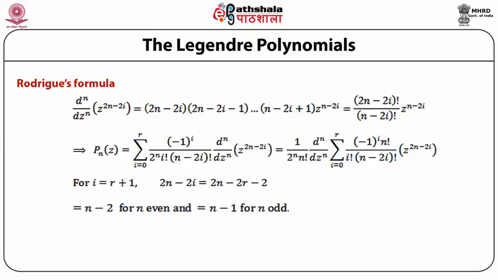So, d by dz raised to power n of z raised to power 2n minus 2i is equal to 2n minus 2i multiplied by 2n minus 2i minus 1 and so on till n minus 2i plus 1 into z raised to power n minus 2i. This is equal to 2n minus 2i factorial into z raised to power n minus 2i divided by n minus 2i factorial.